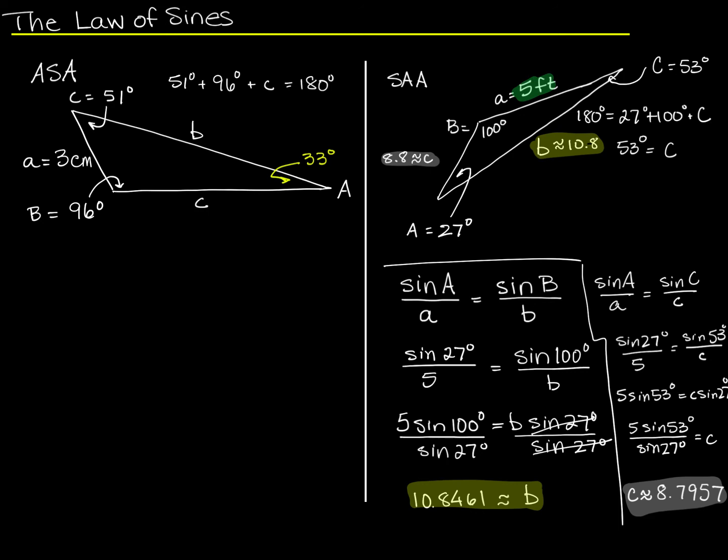I found my side B first, and then I went and found angle C so that I could find side C. I've already found my third angle this time, so it's just down to finding sides B and C.